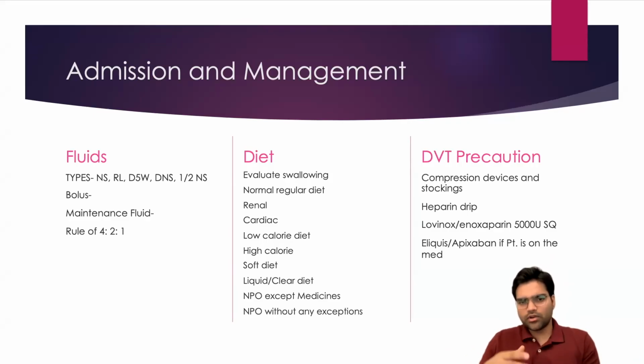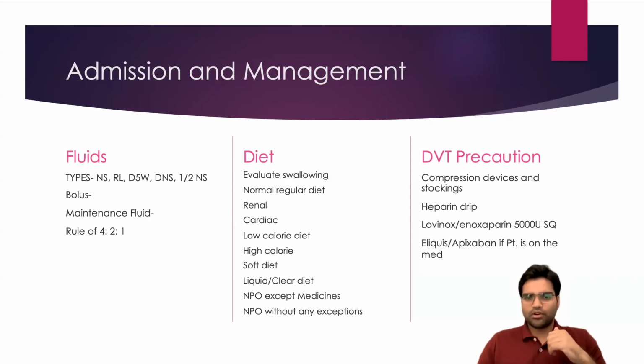You can start the liquid diet if they can tolerate. Sometimes we also have to write NPO. NPO means nil per oral. So they are not taking anything except medicine, or without any exception. All those patients who are going for some kind of procedure, or who have poor swallow reflex, or are not able to swallow, we have to put them on NPO.